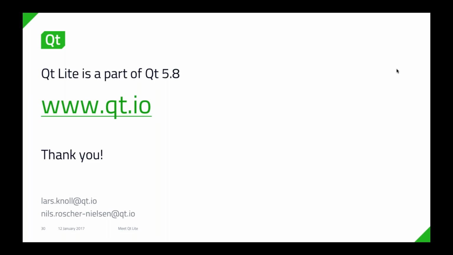Yeah, and then there's a question here if this means that the GUI tool won't be available for desktop and mobile. Unfortunately, this is the case that for the 5.8 release of Qt Lite, the GUI tool for configuration is focused on embedded only. But that does not mean we only focus on embedded for this. We are looking into how we can add more value also for the desktop and mobile platforms.